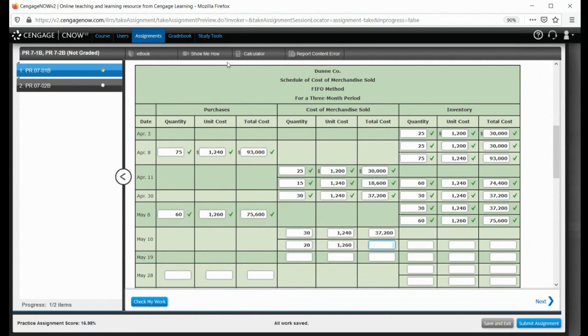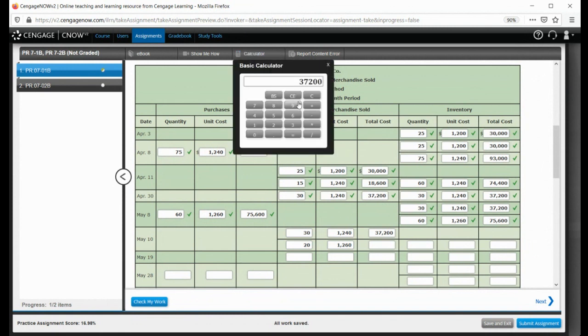So you will multiply 20 units times 1260, and that will give you 25,200.